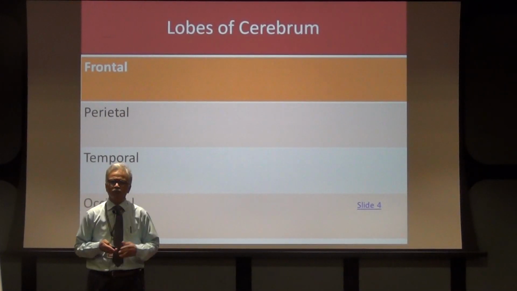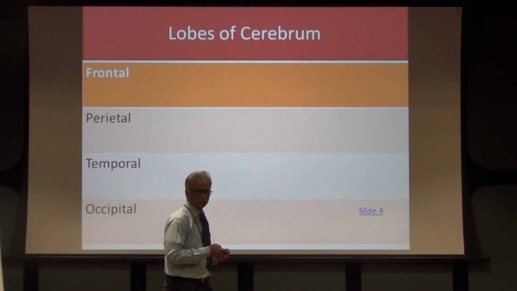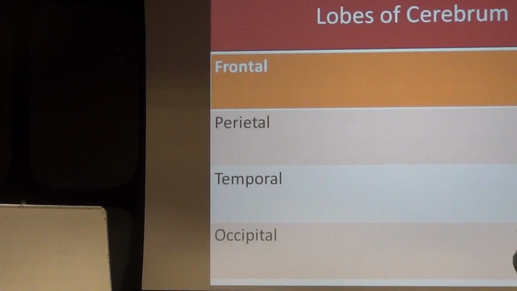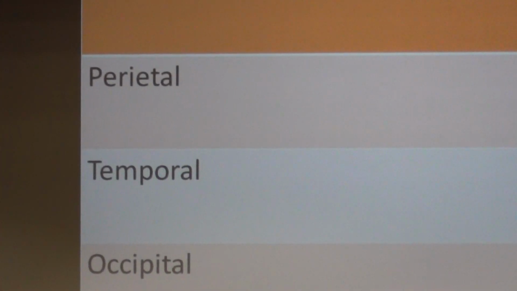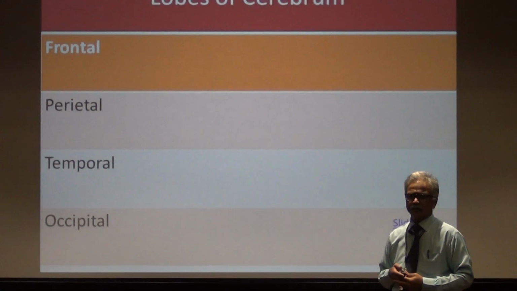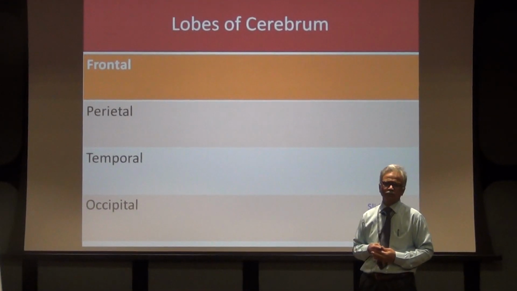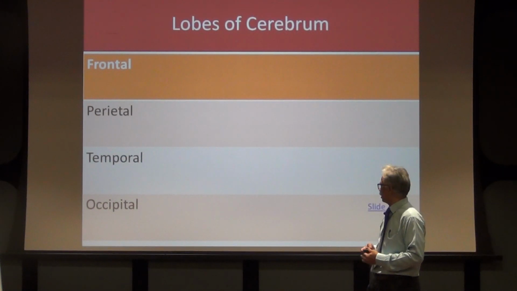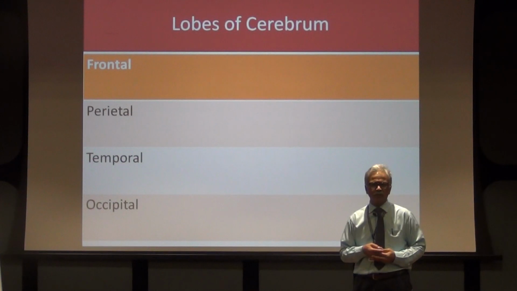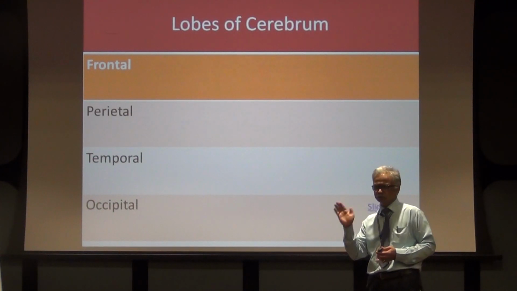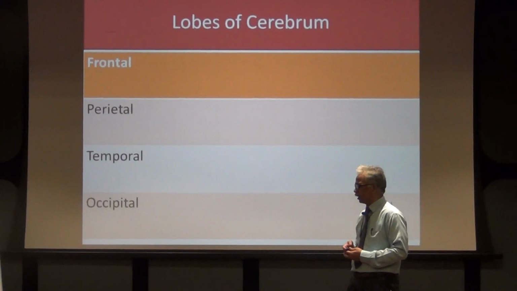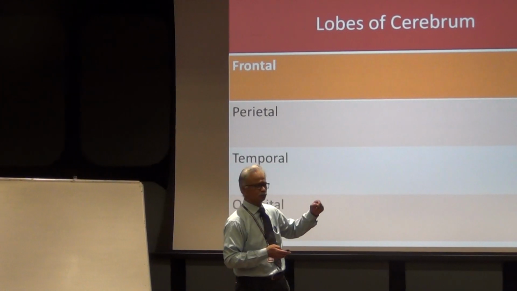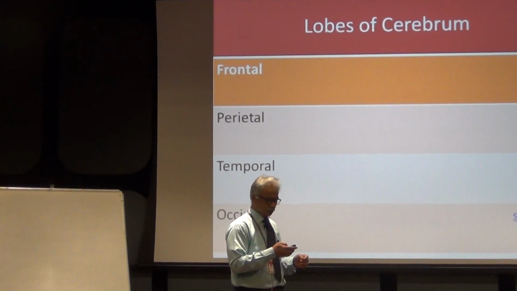The frontal lobe lies in front of the central sulcus; the parietal lobe lies behind the central sulcus and in front of the first imaginary line, or you can say the pre-occipital notch, and above the second imaginary line drawn from the stem of the lateral sulcus to the first imaginary line; then the temporal lobe lies in the lower part; and the occipital lobe lies behind the first imaginary line, drawn from the pre-occipital notch to the parieto-occipital sulcus.